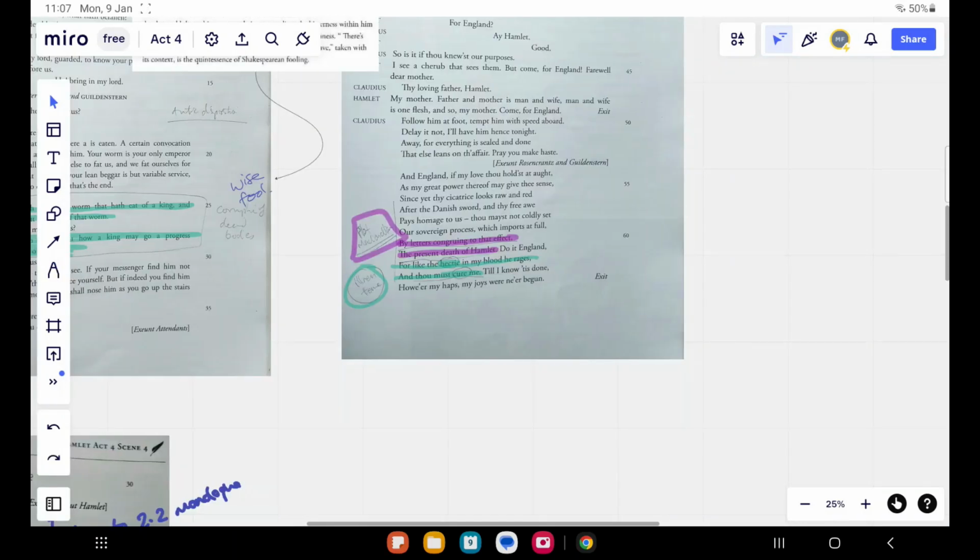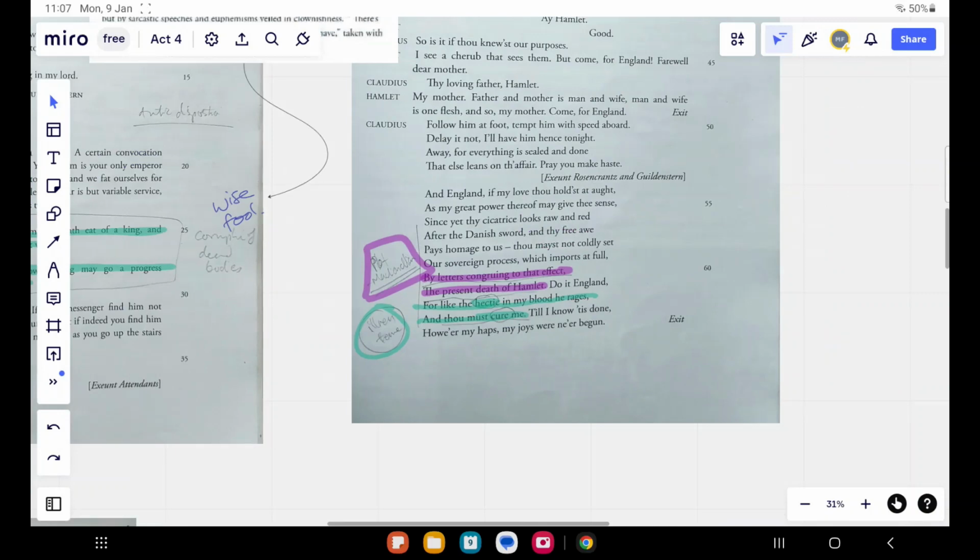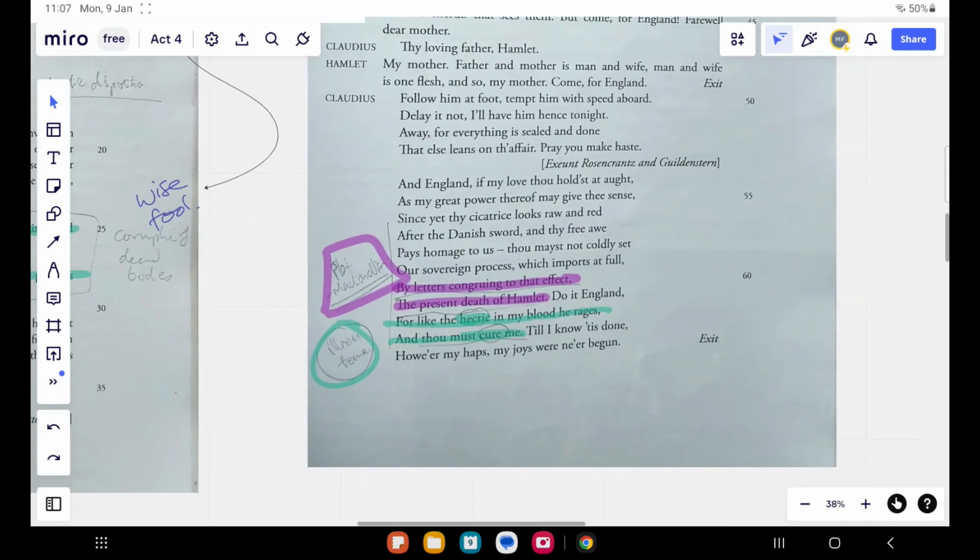Okay, let's crack on. Following that, we get some classic Machiavellian plotting, where Claudius alone on stage reveals the plot by letters conjuring to that effect the present death of Hamlet, so informing the audience of this plot. Do it, England, for like the hectic in my blood he rages, and now must cure me.